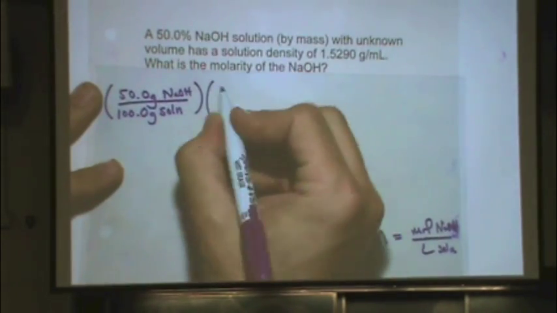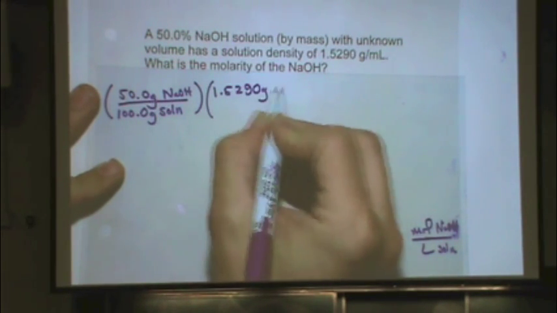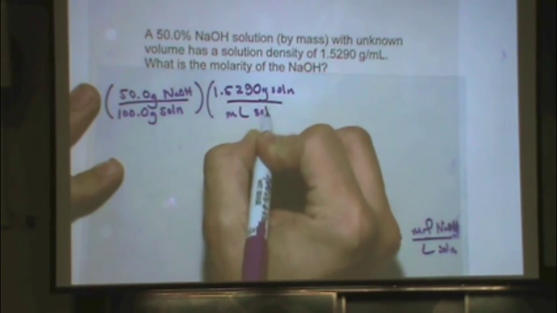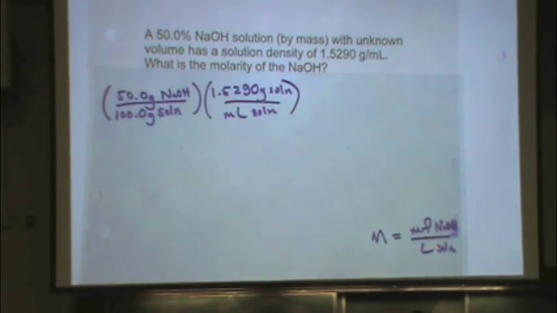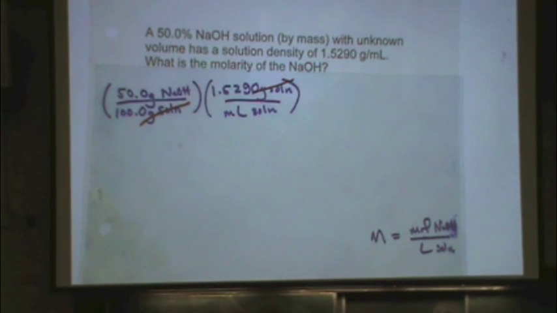All right, how do I do that? I'm going to use the solution density to do that, 1.5290 grams, and this is of solution per milliliter of solution. Typically when we give you a density, even if it's not labeled, we're talking about solution density. Notice what this does. It cancels out my grams of solution in the denominator of the first number.